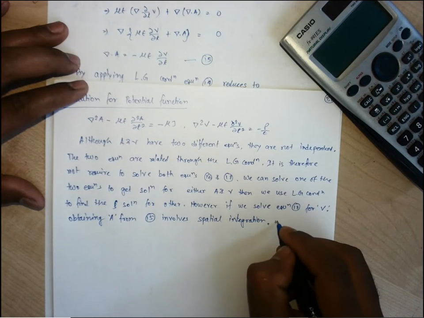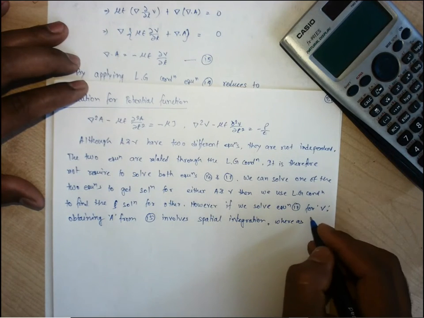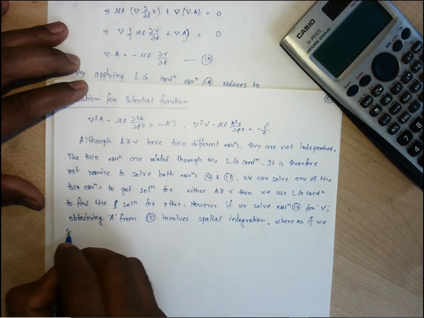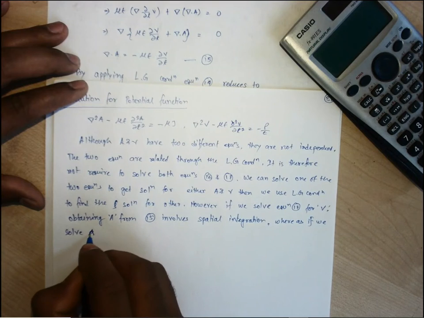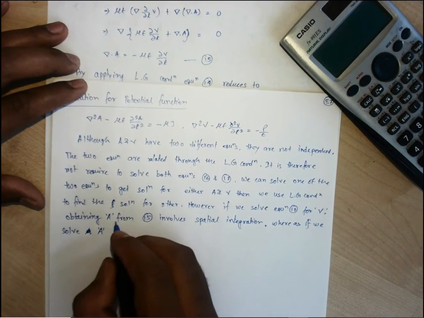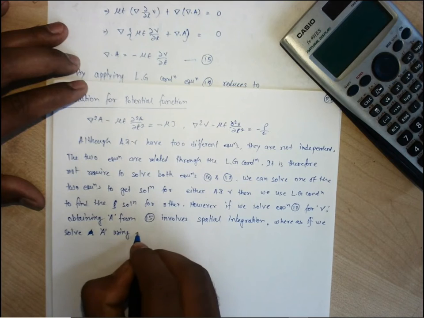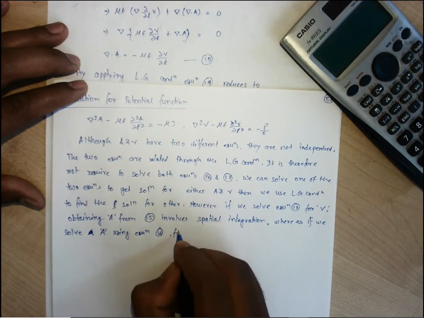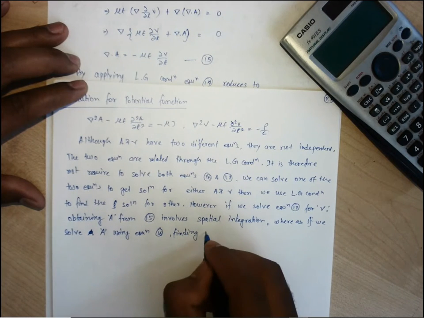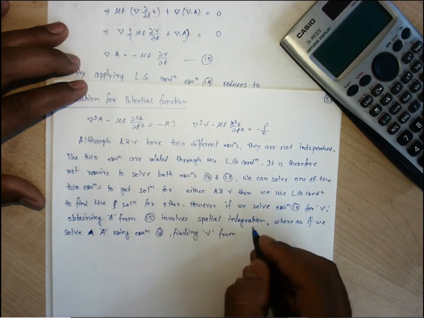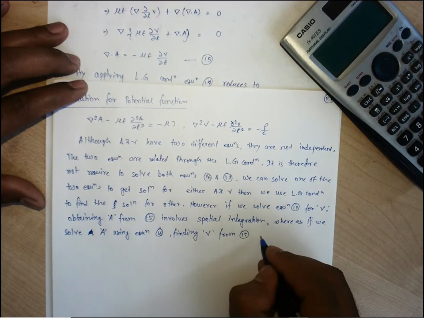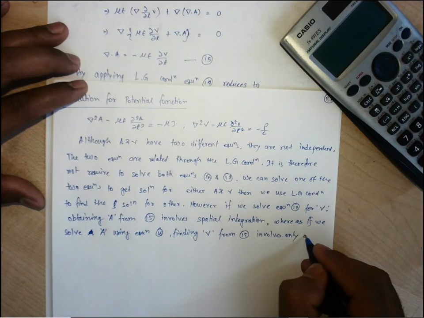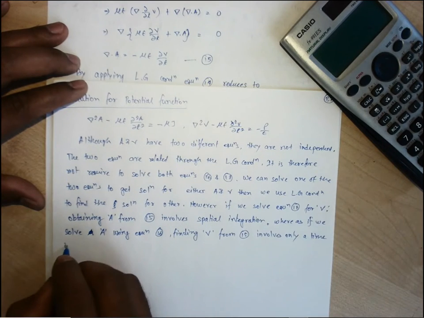Whereas if we solve A using 16, finding V from 15 involves only a time integration.